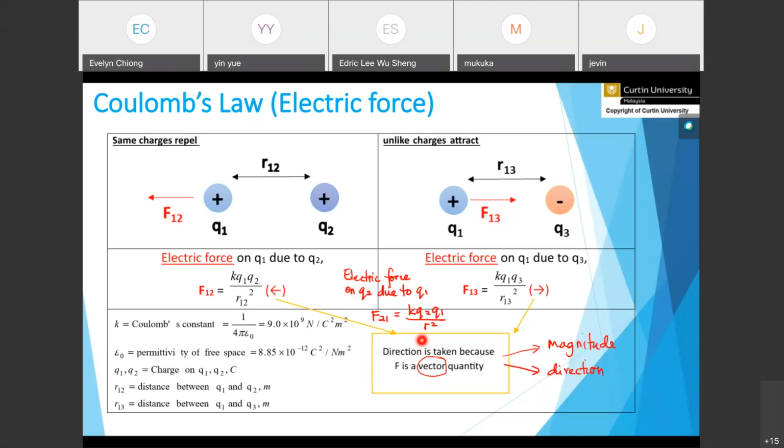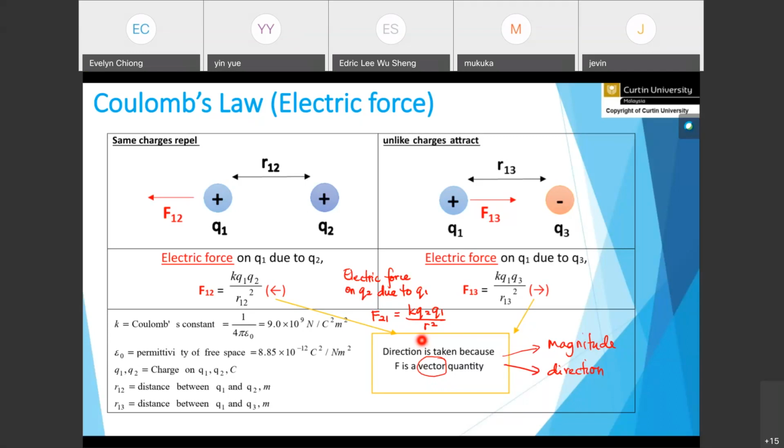But on the unlike charges, Q1 and Q3, they attract each other because these are unlike charges. So for Q1, it will feel that it is being attracted to the negative charge. So the direction is to the right.